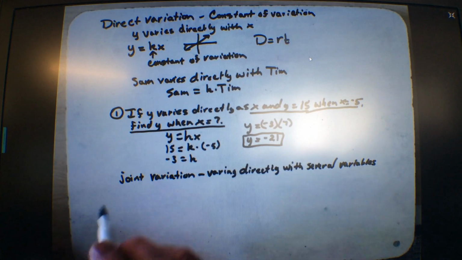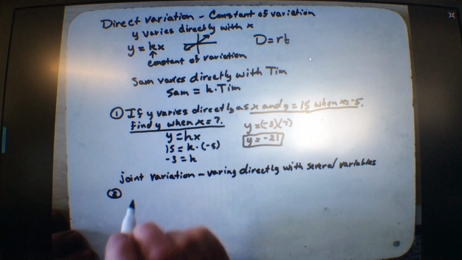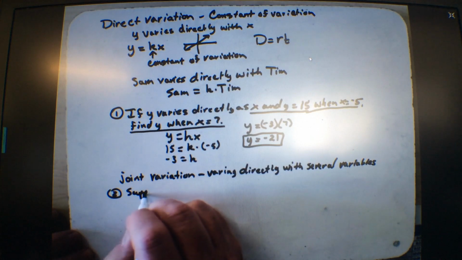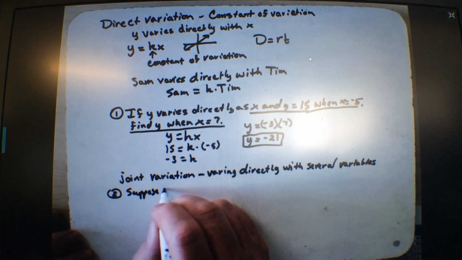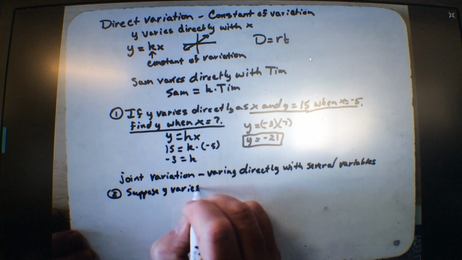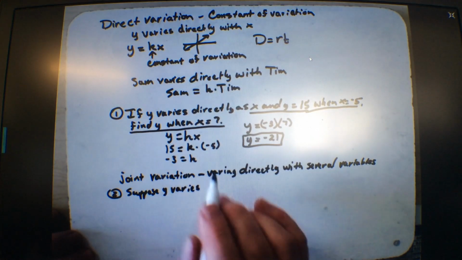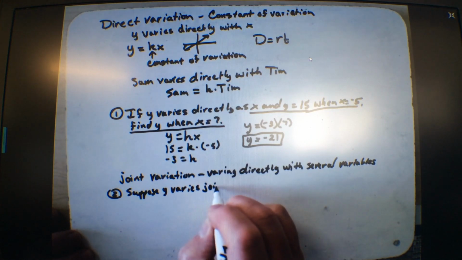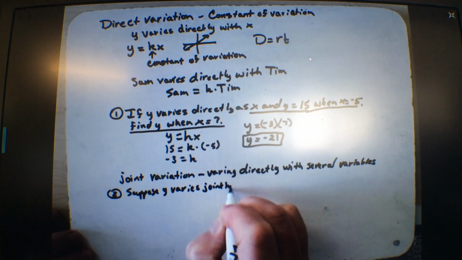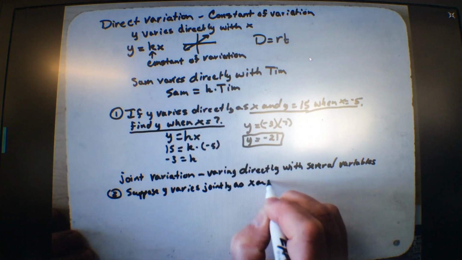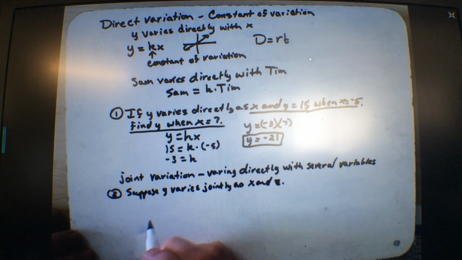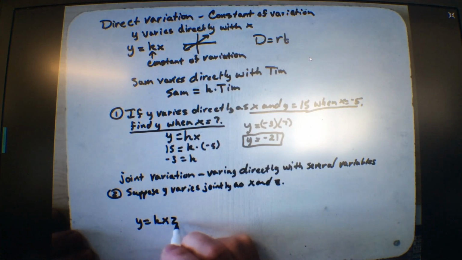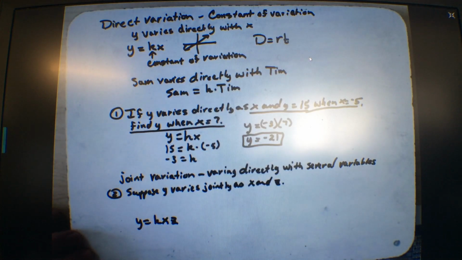So maybe the problem says this. Suppose y varies. Now we don't always have to use x and y. You understand that. That's why I did the Sam and Tim thing. Suppose y varies jointly as x and z. Okay? Now right off the bat, I can say then y equals kxz. You understand that? Now I have two numbers with it.